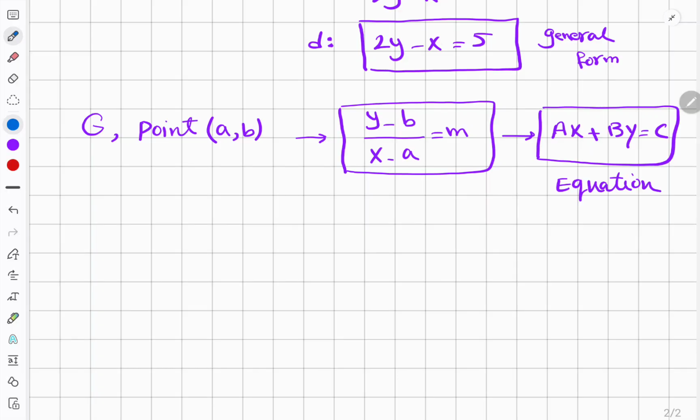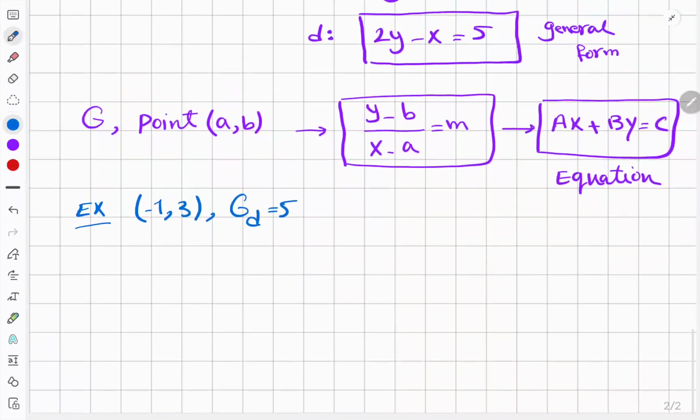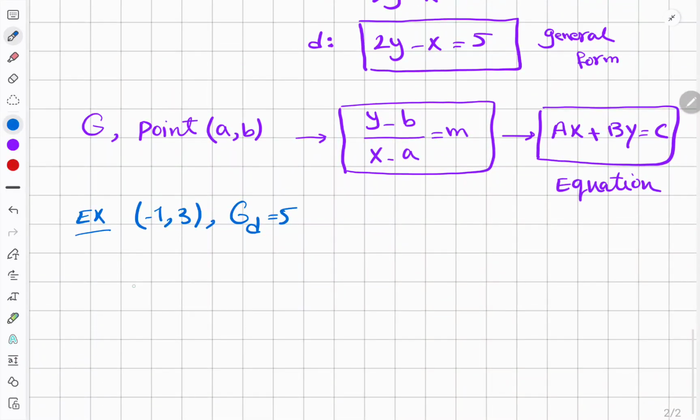Okay, I'm gonna solve an example to make sure you understand all the process. We have 1 point, -1 and 3, and the gradient of the line that this point lies on is 5. So I'm gonna write the equation. y minus b, b is 3, over x minus a, a is -1, equals gradient, which is 5.